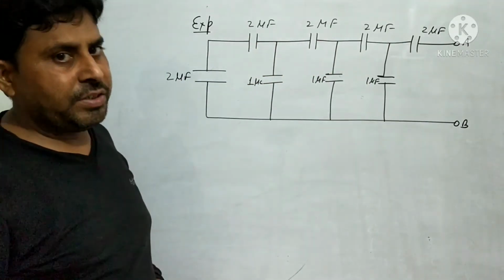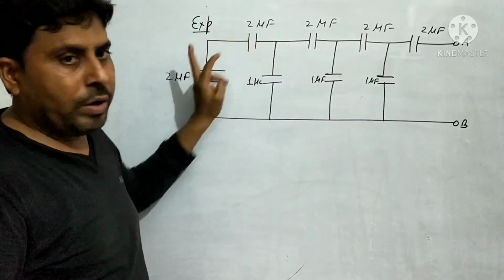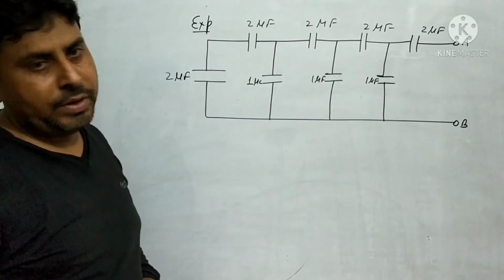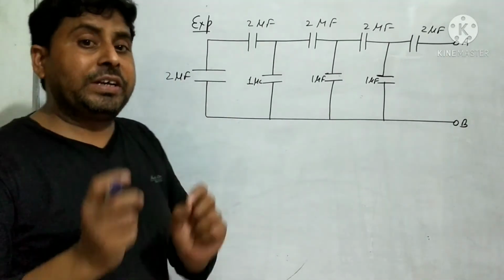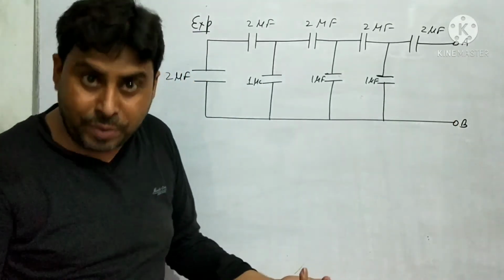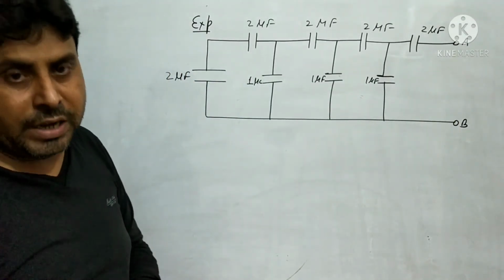In these 8 capacitors, there are capacitances of 2 microfarad, 2 microfarad, 2 and 2. And these 3 are of 1 microfarad. And he is asking what is the net capacitance between terminals A and B. So equivalent capacitance, how will we calculate that?